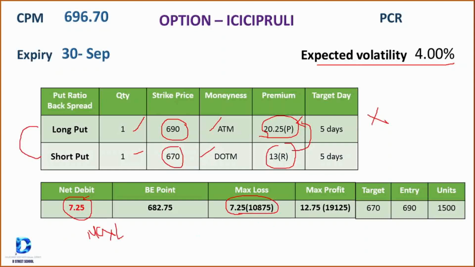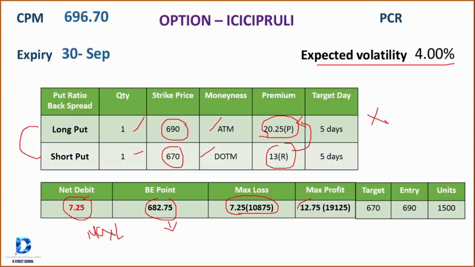And what would be the breakeven point? The breakeven point is at 682.75, which means when the price goes below this price, we will start booking profit. What would be the maximum profit when the price reaches 670?